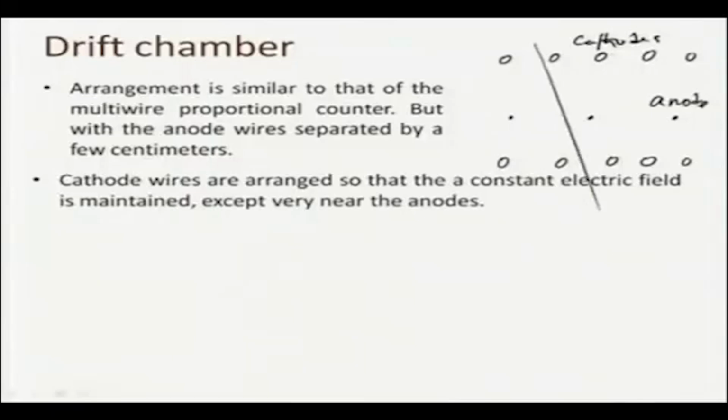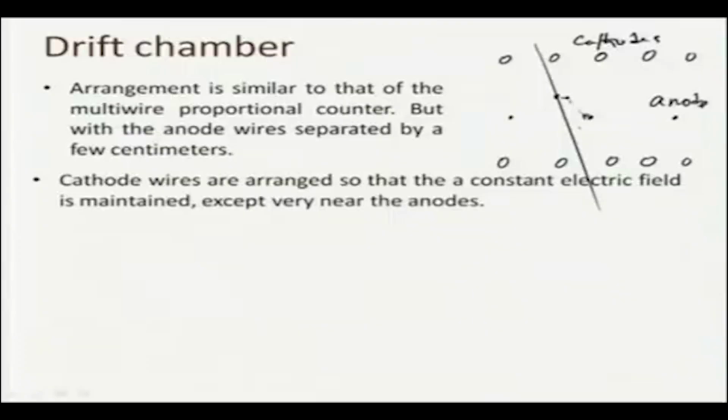And when a high energy charged particle enters this detector, the particle will ionize the gas and the electrons will move towards one of the anodes, and the avalanche happens very near that anode.